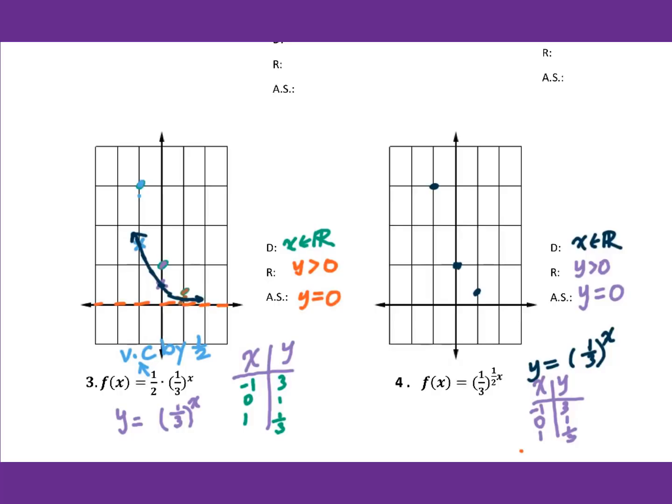Let's go here. Now we got to do transformation. 1 over 2, that's inside. So we do horizontally stretch by factor of 2. Your x coordinate multiplied by 2. This coordinate multiplied by 2 will be 2 here. This point, you multiply by 2, still 0.